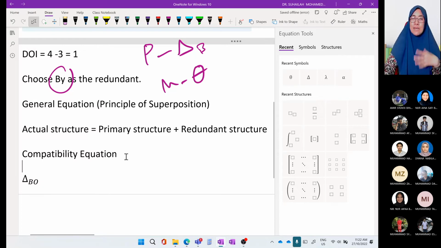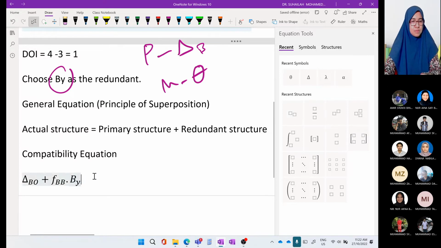Start from the primary structure because the delta in actual structure is equivalent to 0. This is delta B naught plus FBB. F is displacement due to a unit value of By. Okay, times By, times the redundant. And this is actually equal to delta B, actual beam.